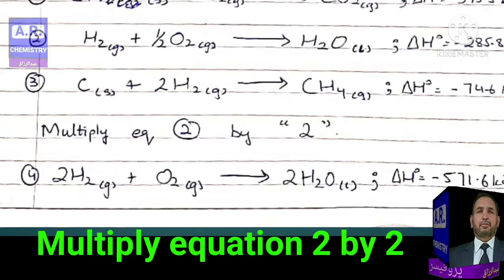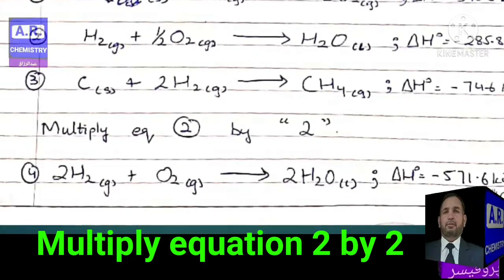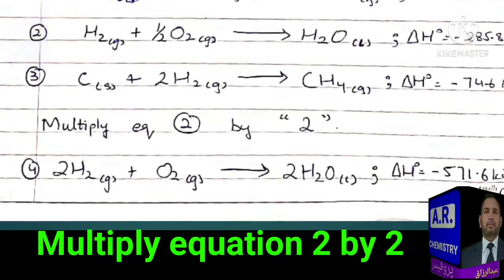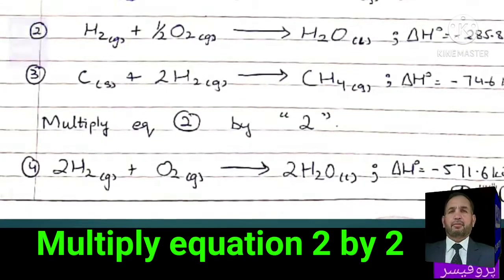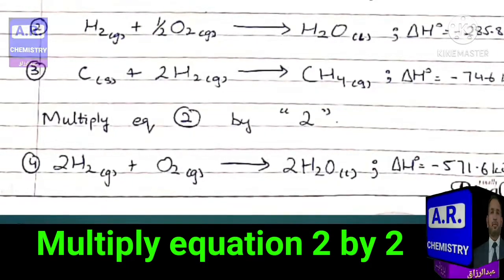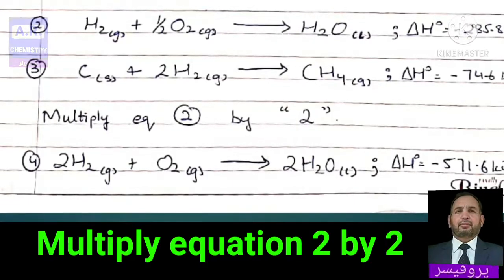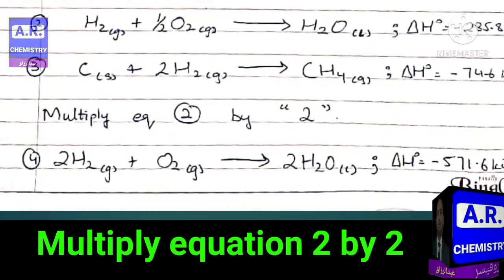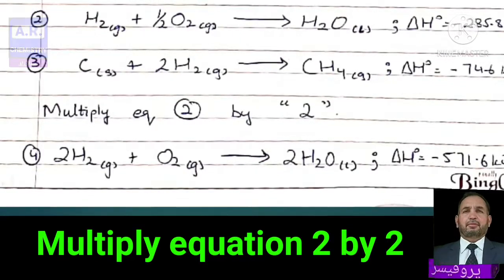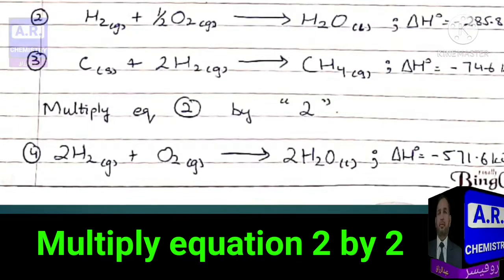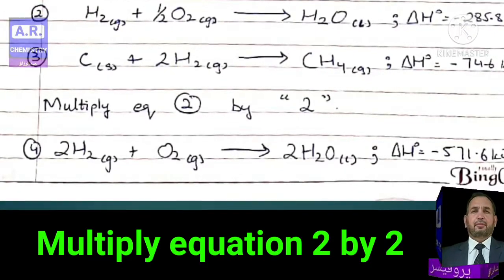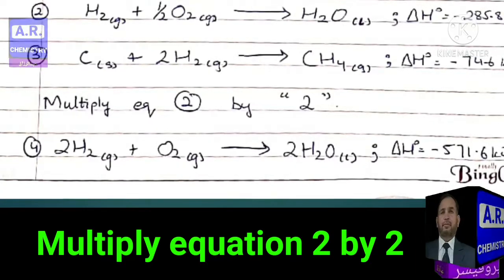Now multiply equation 2 by 2. Equation 2 is that of the formation of water. When you multiply this with 2, you will get another equation which is written as equation number 4. So, equation 4 is 2H2 plus O2, arrow, and after that 2H2O liquid state.